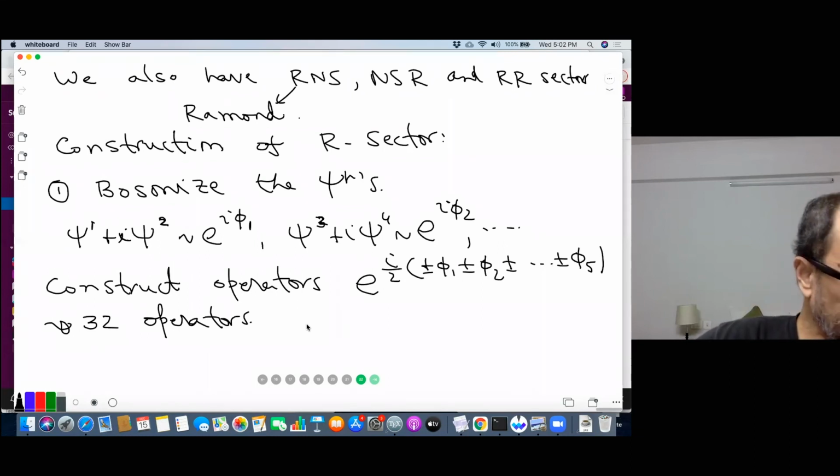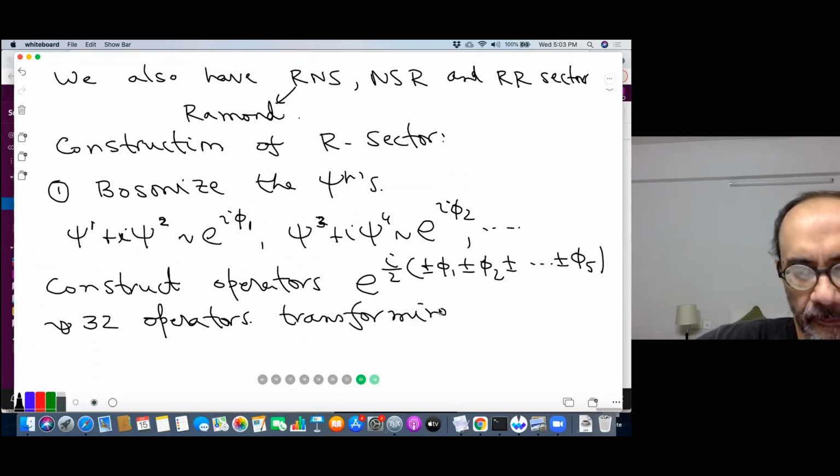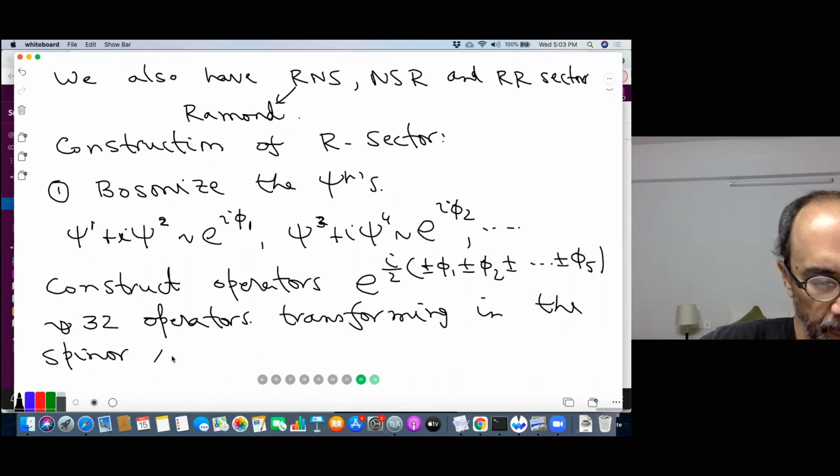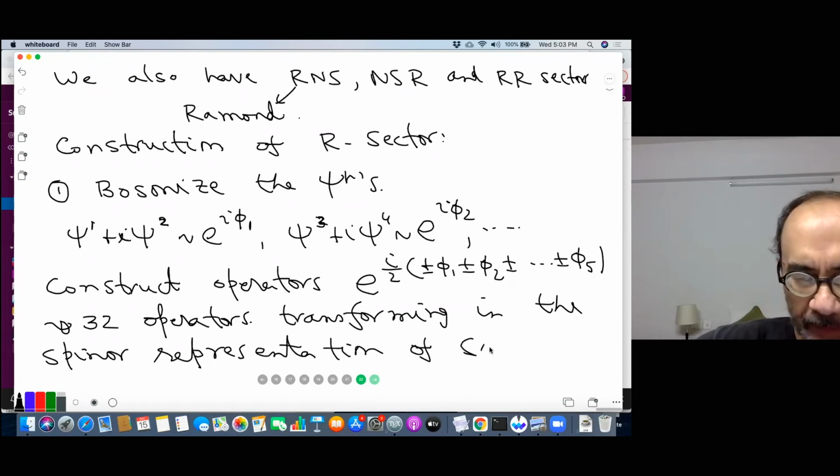And one can show that they transform in the spinor representation of SO(10) if we are doing the Euclidean theory. Once you go to the Lorentzian theory, it becomes SO(9,1).